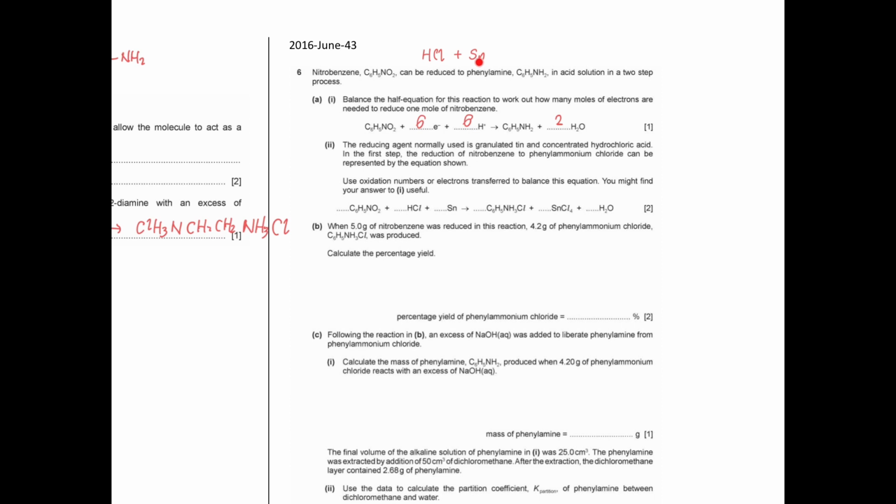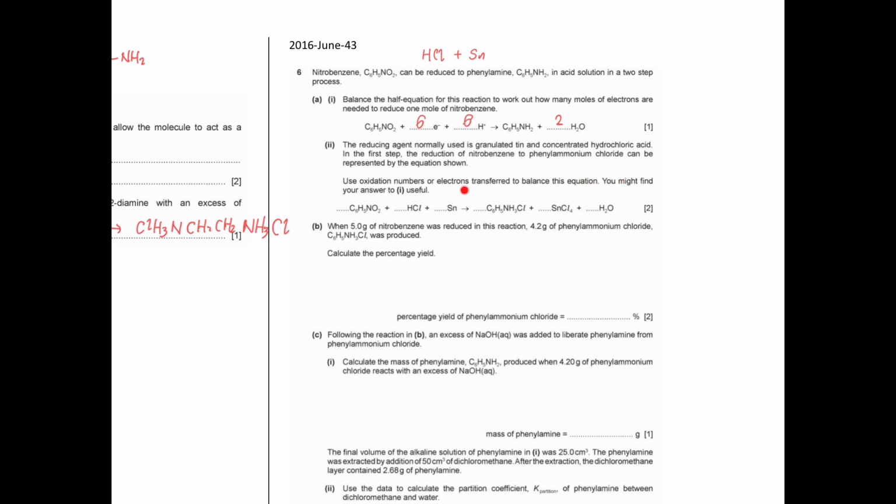As I mentioned, we need tin and concentrated hydrochloric acid. In the first step, the reduction of nitrobenzene to phenylammonium chloride can be represented by the equation shown. Use oxidation numbers or electrons transferred to balance these equations.